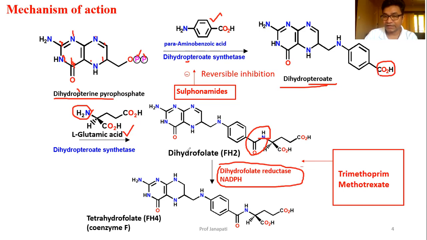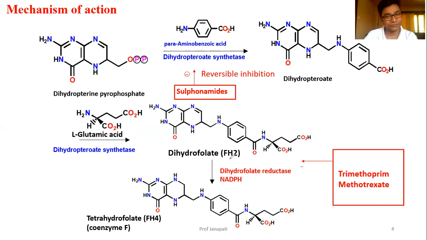So you are getting dihydrofolate, or folic acid. Some textbooks write folic acid or dihydrofolate. Folate means it has COO minus. If there is H, it is called dihydrofolic acid. Dihydrofolate, we are writing in the short form.